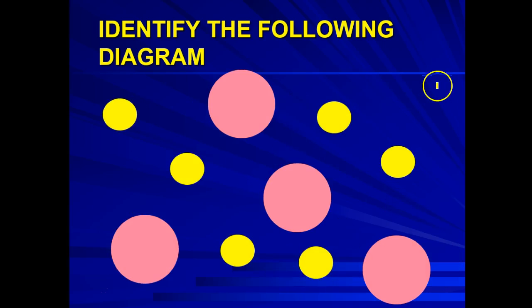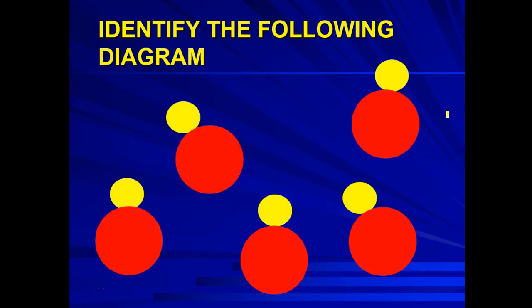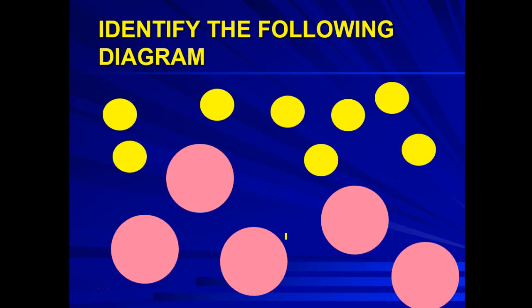Alright, this one is also a mixture. You notice that even though there's two sets of elements, they're not touching, they're just out there. This one is a compound. They're touching right here. There is a bond right there. Okay. This is a mixture.